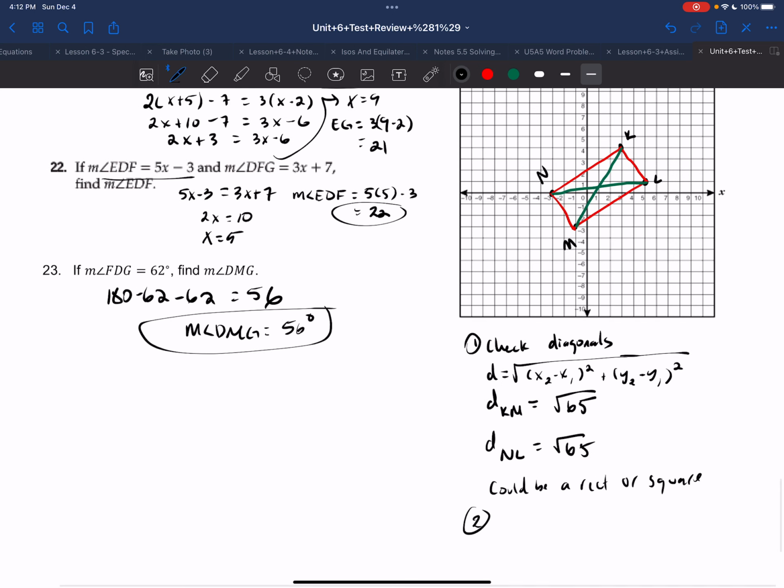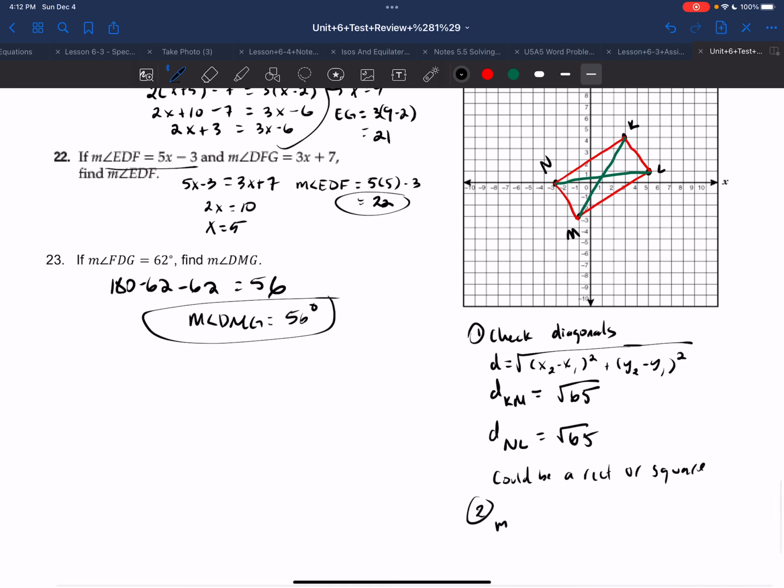Number 2, I need to check the slopes of the diagonals. Now, you can use the slope formula, or if you want, you can go ahead and use rise over run. Okay? So, let's figure out the slope of NL. So, I'm going up 1, then right 1, 2, 3, 4, 5, 6, 7, 8.